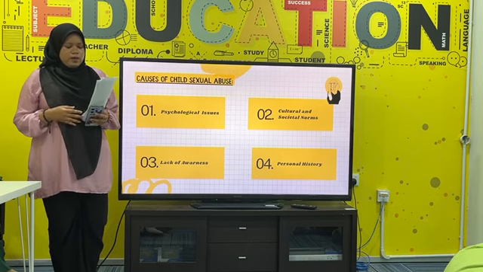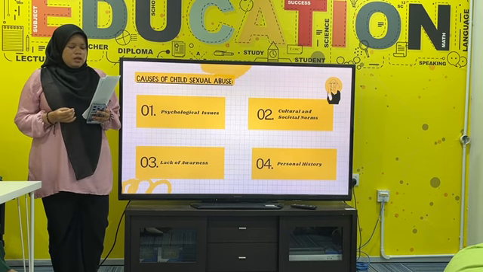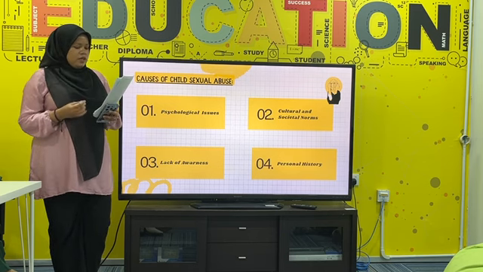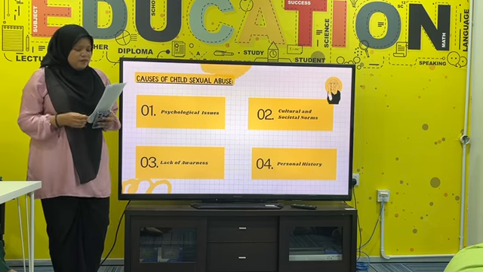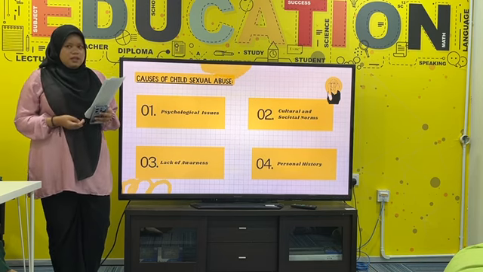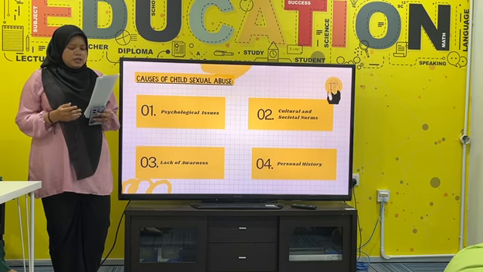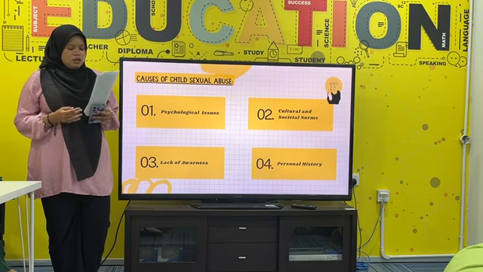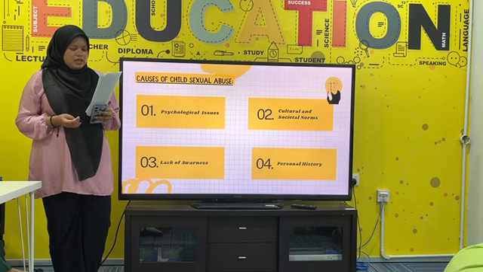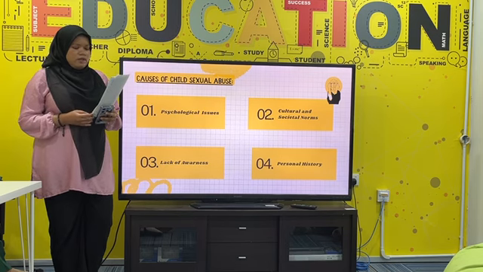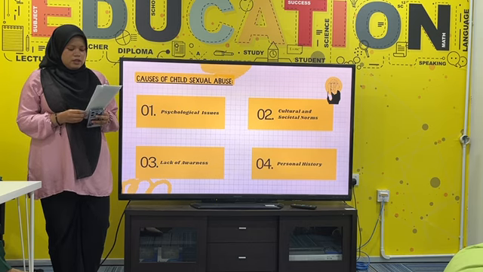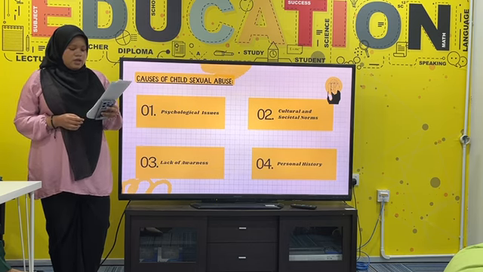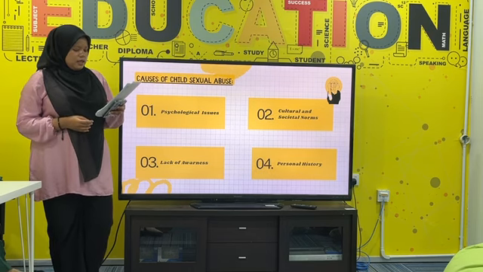Some abusive people may have psychological issues contributing to pedophilic disorder, a psychiatric condition in which an adult experiences intense, recurring sexual urges or fantasies about children. This can lead to behaviors such as seeking out children to satisfy their desires, even though they know their actions are illegal and harmful.